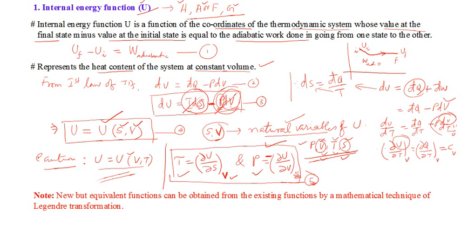Whenever I use the words Legendre transformation, remember, it's a mathematical technique of finding new but equivalent functions, so that they will be useful for some other situation, and that is done by the mathematical technique known as transformation.